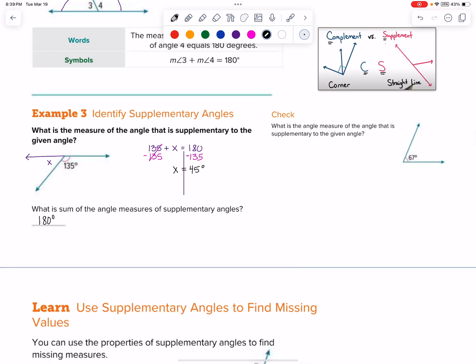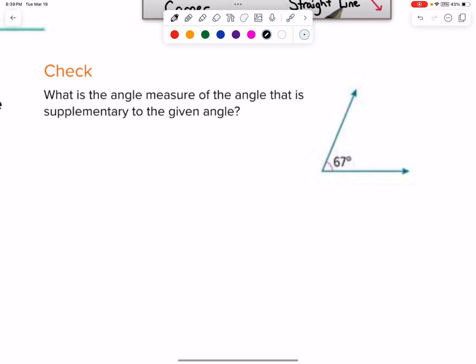And what is x? X is 45. All right, so what is the angle measure of the angle that is supplemental to 67? So your first thing to visualize it is just extend out your line, and mark your variable here. We know both of those total 180 degrees. So what is that angle?